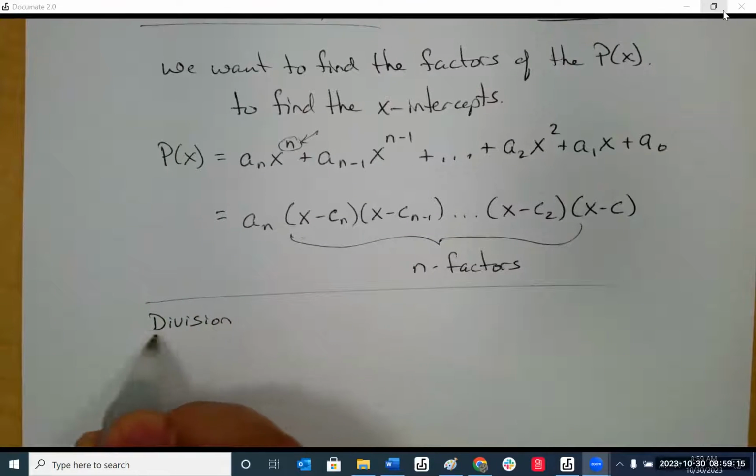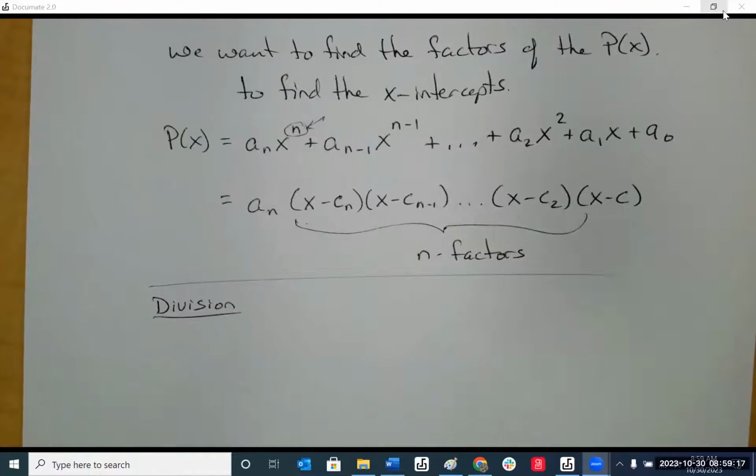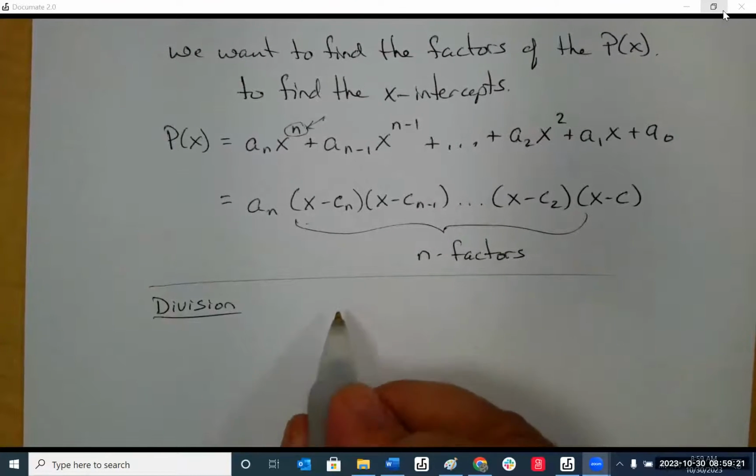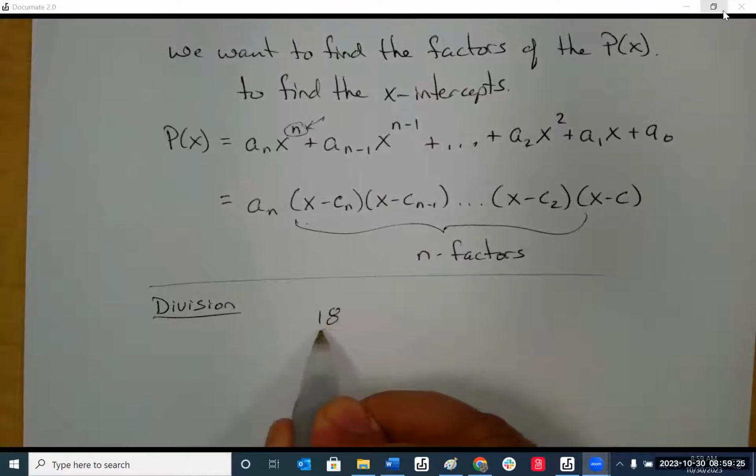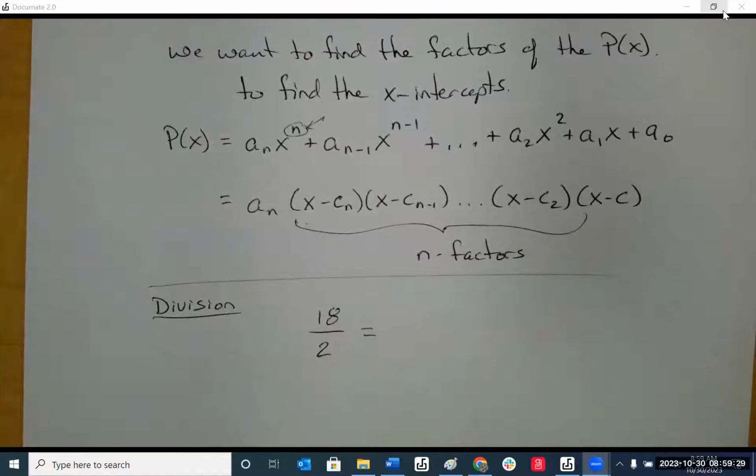The simplest one we used was division. 18 divided by 2 is equal to what? 9.